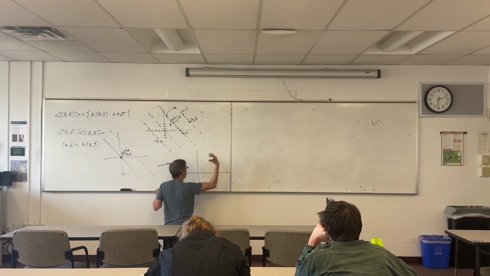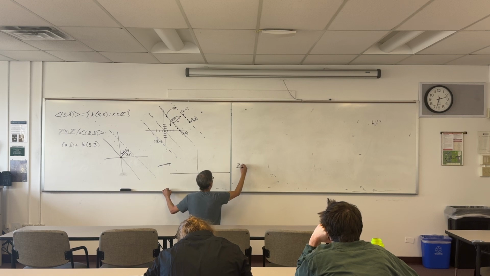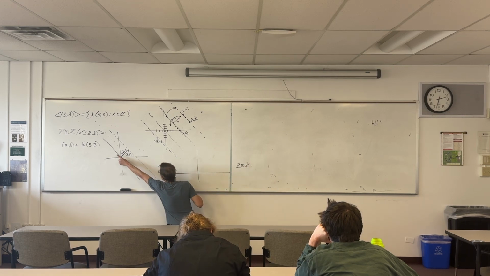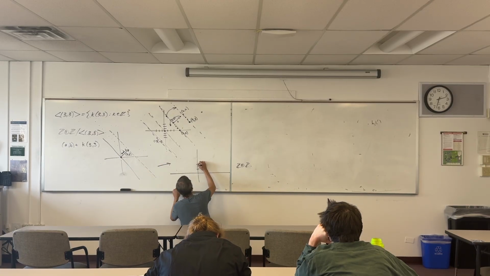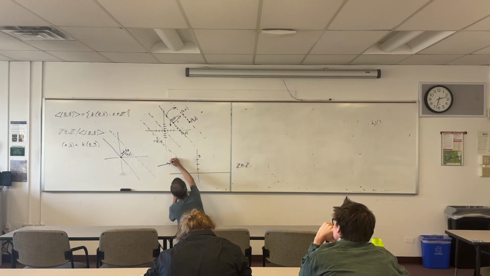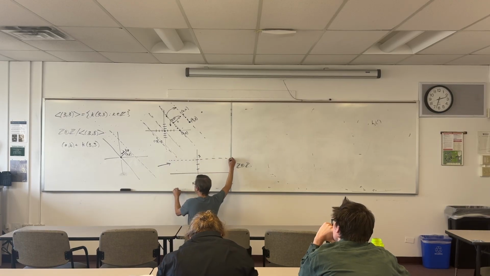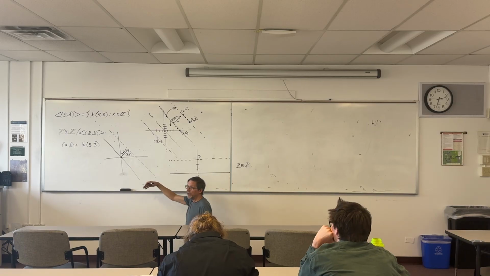Let's, again, look at Z cross Z. But let's make this edge here the x-axis, and then let's move up 1, 2, 3, and make that the top of the strip, and rotate it by 45 degrees counterclockwise around the origin.